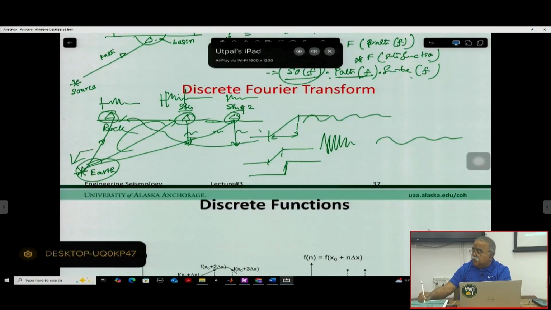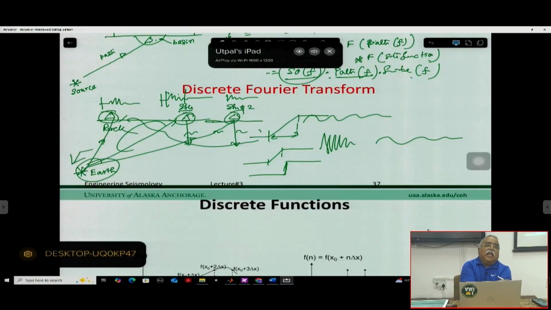The rise time might be an impulse type of rise time. So these are all basically the source types. So the source function, if you simply put it as the time domain function of the source, could be either of these.